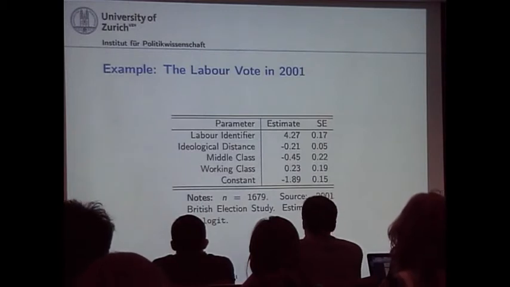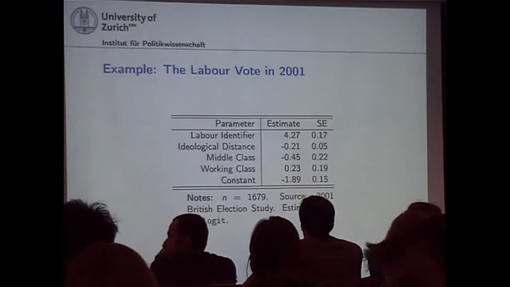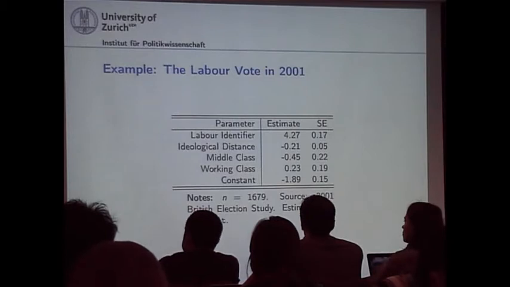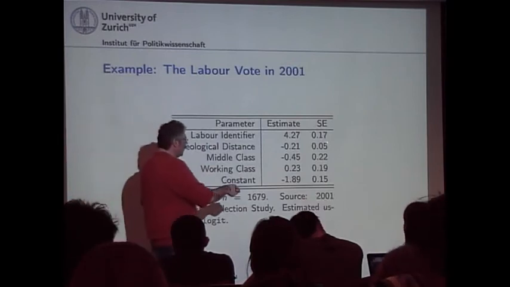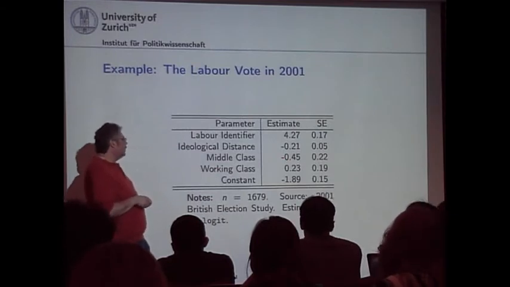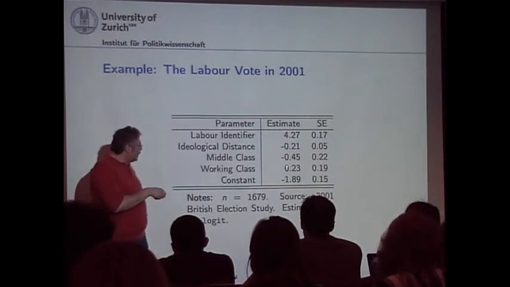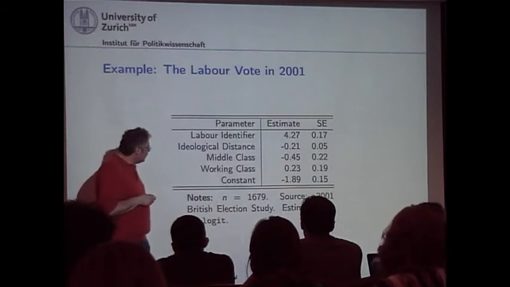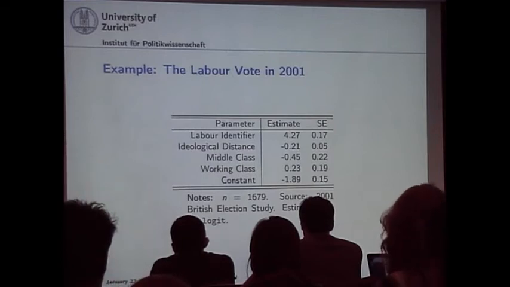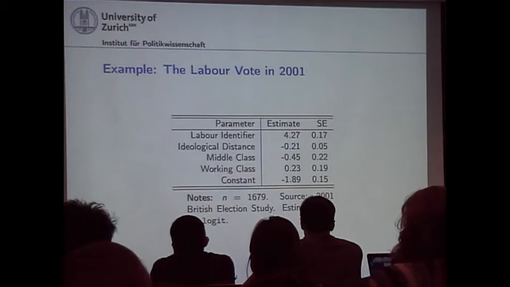Ideological distance is on a 0 to 10 scale, so 0 means you place yourself on the left-right continuum exactly where you place labor. 10 means you place yourself on the opposite side of the ideological spectrum from where you place labor. That's also highly significant. Middle class is barely significant, is negative. Working class is not significant. The baseline for class here is people without a class identification. And then we have constants.